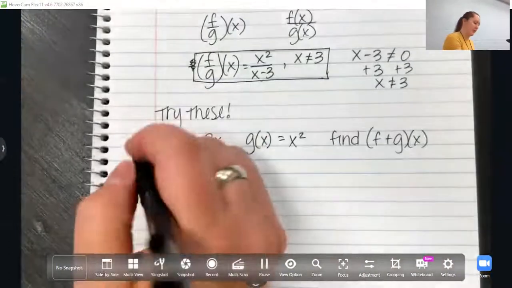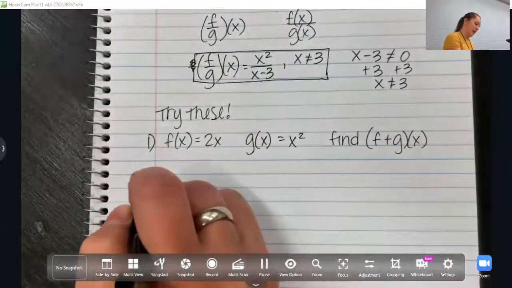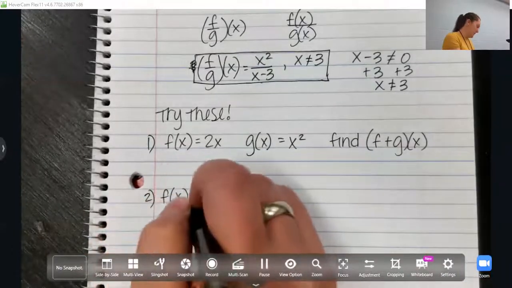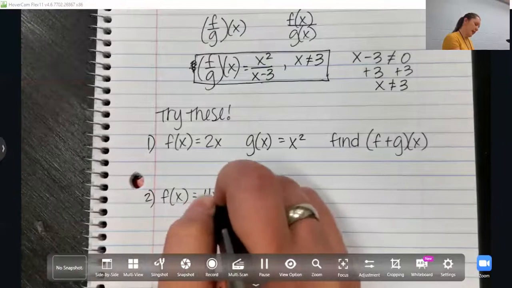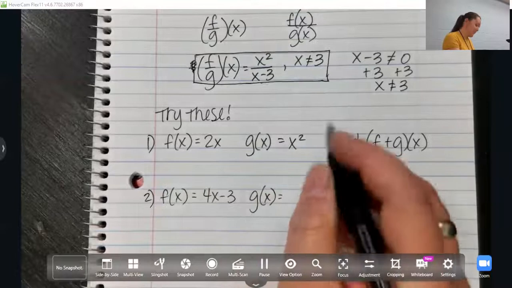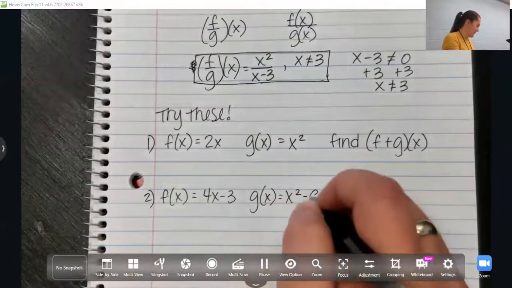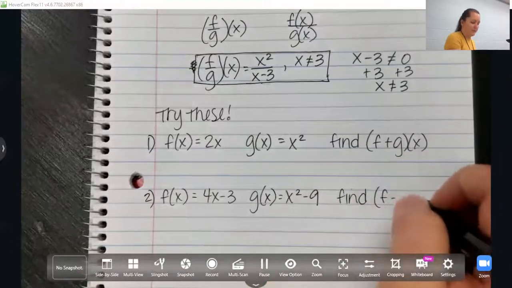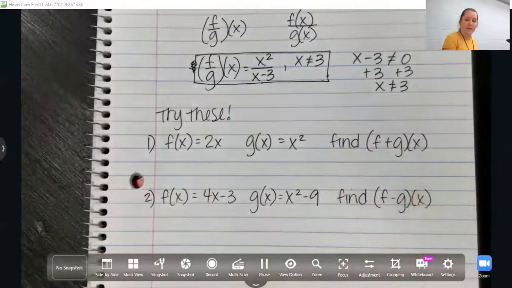So there's your first try it. There's your second, right? If f of x equals 4x minus 3, and g of x equals x squared minus 9, find f minus g of x.